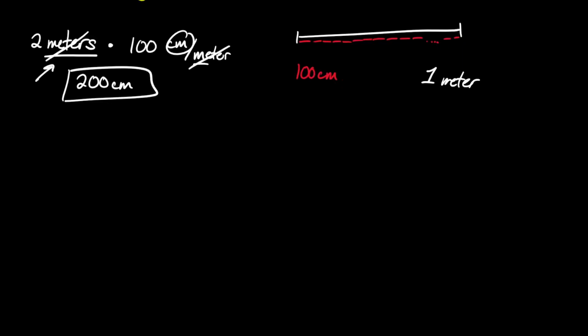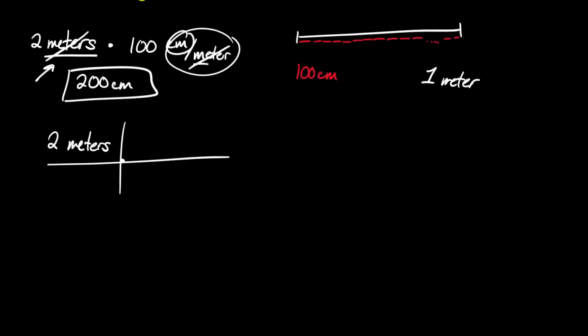So an example would be if you want to convert 2 meters to centimeters using the typical chemistry way, instead of writing things as fractions like we did here, we would write it like this. 2 meters times, and then you're going to do this table to divide up your fractions. Here's one fraction, 2. Here's our other fraction, it's 100 centimeters per, so 100 centimeters is the same thing as 1 meter.